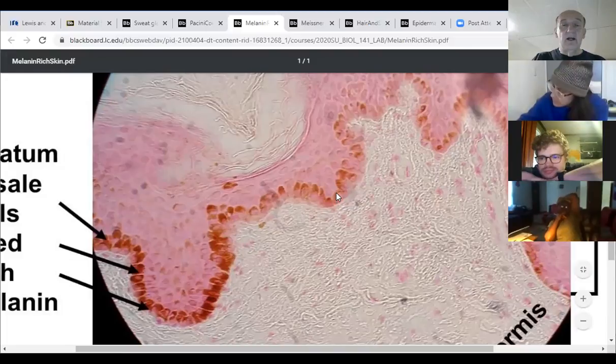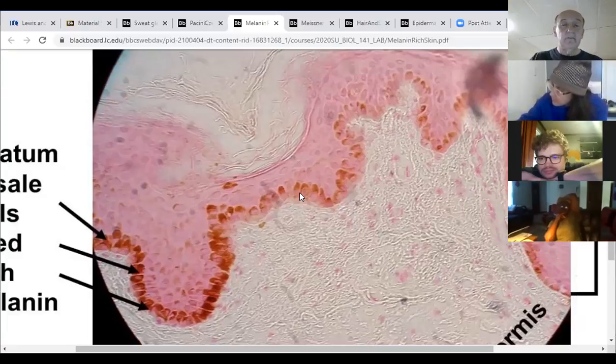They are dividing 24/7, so damage to the DNA could be very detrimental. So melanin particles absorb some of the UV light, and so it's like a brown umbrella. It keeps UV light from hitting the DNA of these stratum basale cells. So this umbrella function is not without leaks.